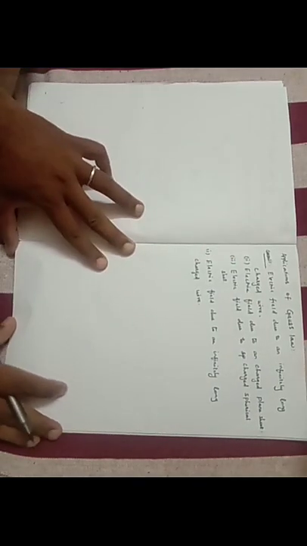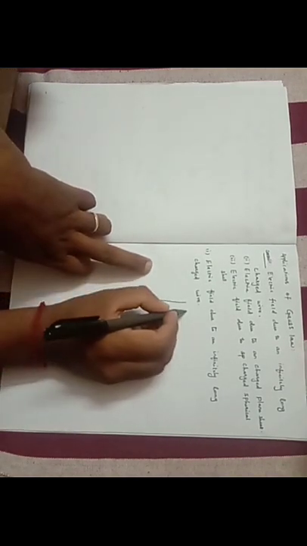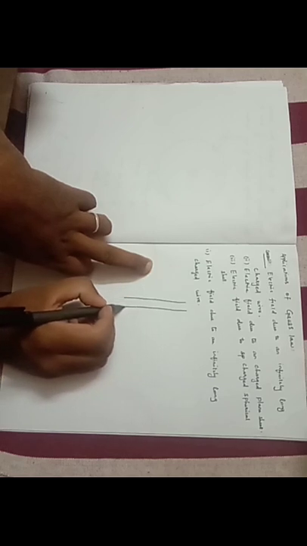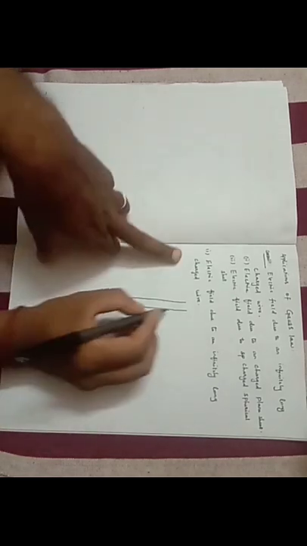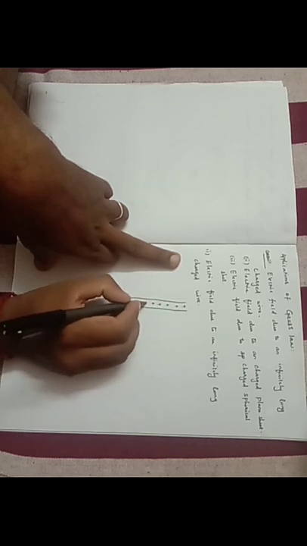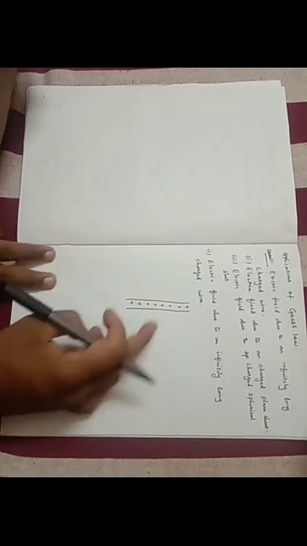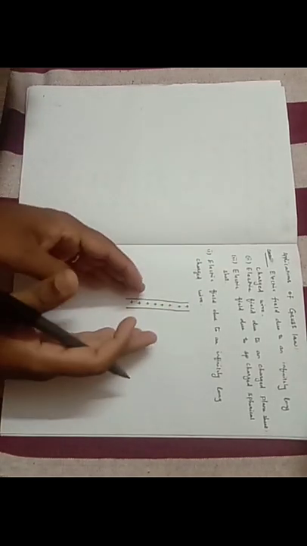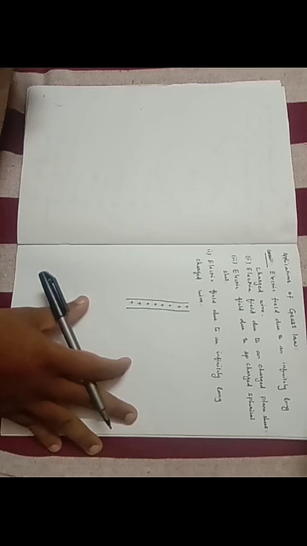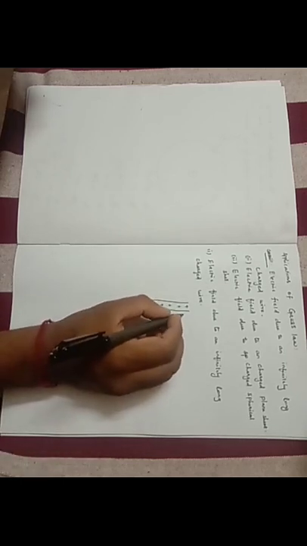To discuss the electric field due to an infinitely long charged wire, we consider a long, infinitely long charged wire. It has a length that is infinitely long. Here we consider the charge density for the charged wire is lambda.